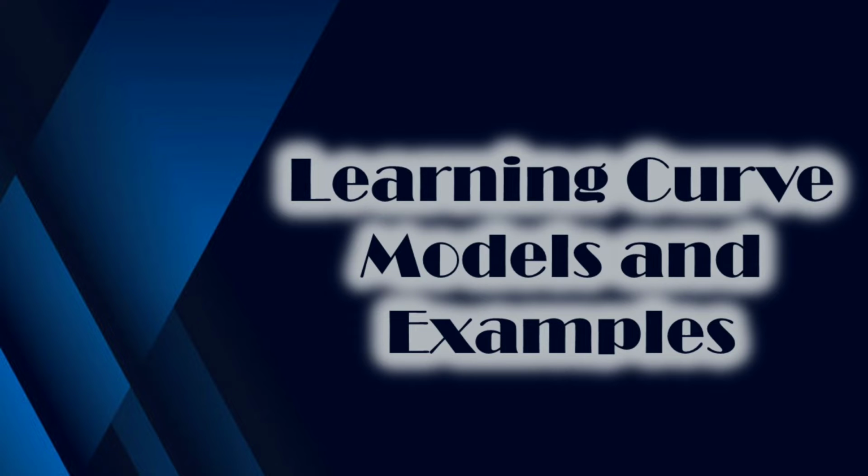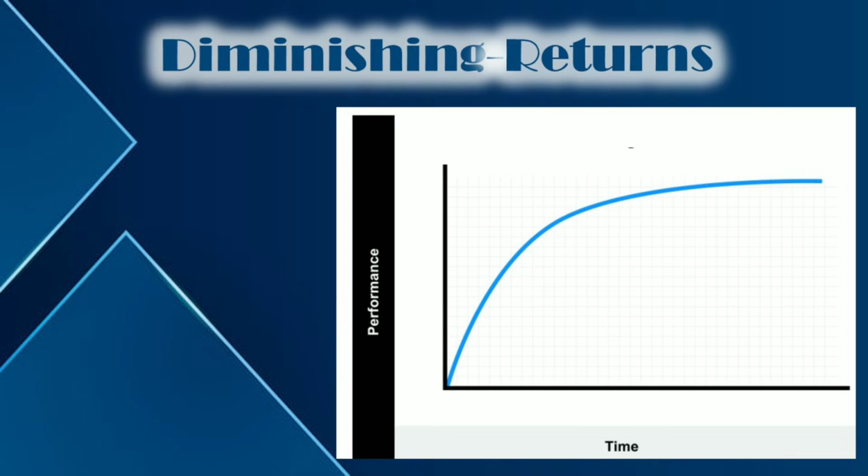Although the theory states that the more attempts, the time will decrease, it doesn't always work in any situation. Many factors can impact the results of the performance, resulting in various learning curve shapes, which means the learning improvement is not constant. The first model is called the diminishing returns learning curve.